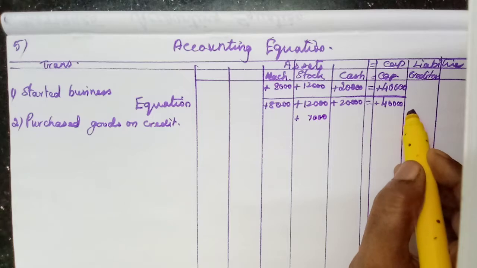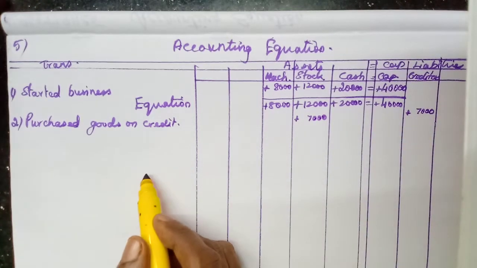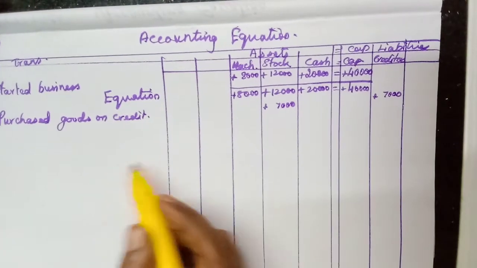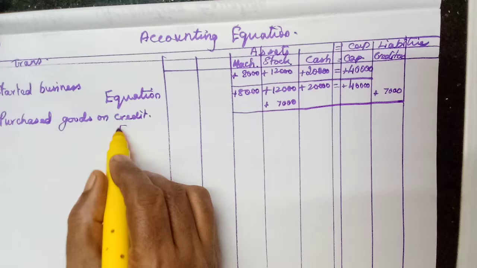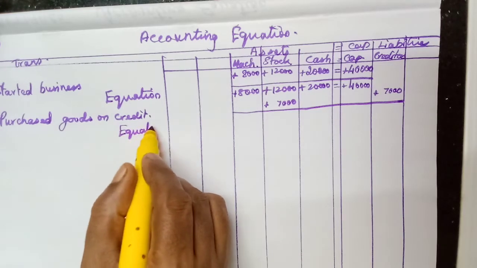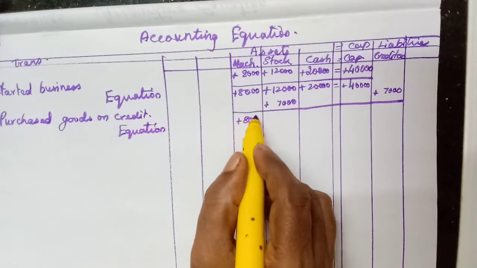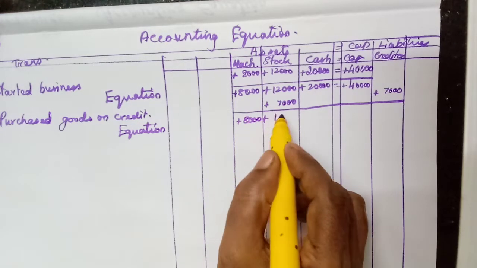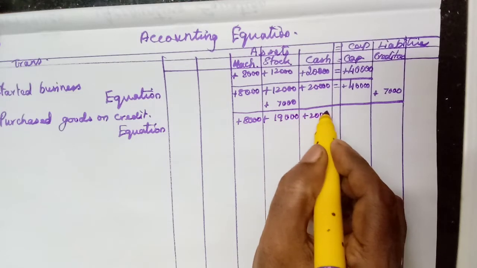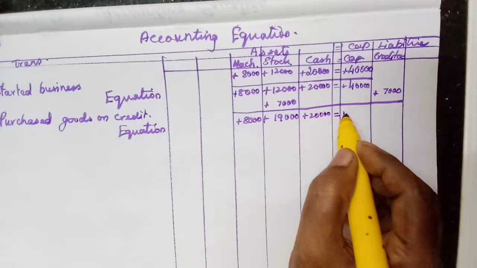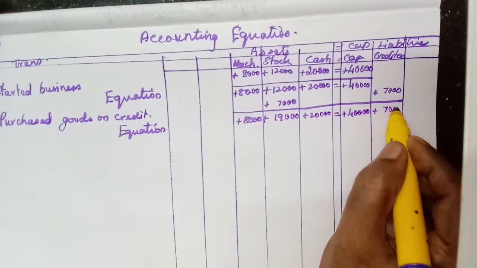It will increase the liability, 7,000. Now, we have to draw a line and we should write the equation. Plus 8,000 plus 19,000 plus 20,000 equal to 40,000 plus 7,000.